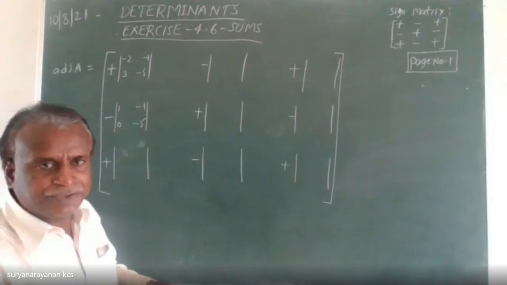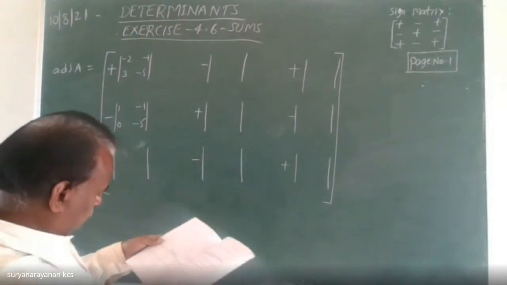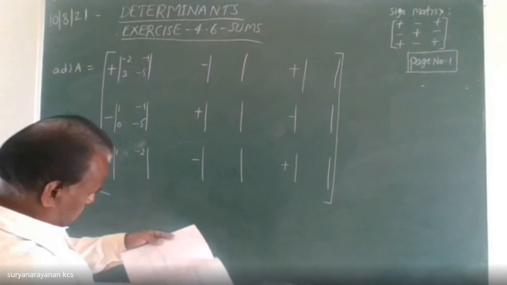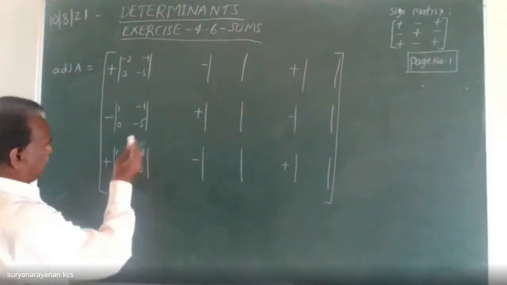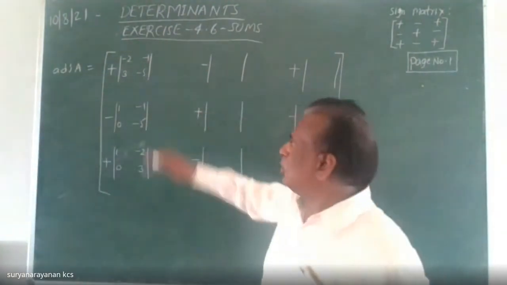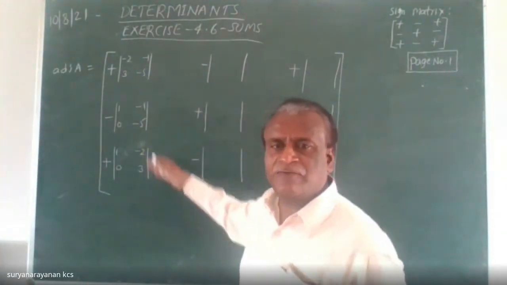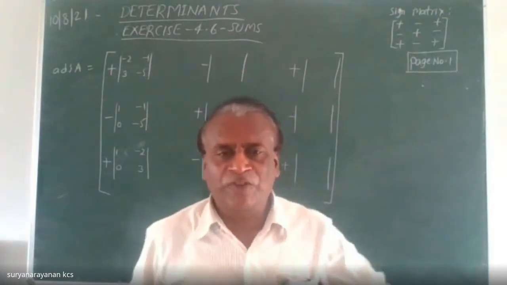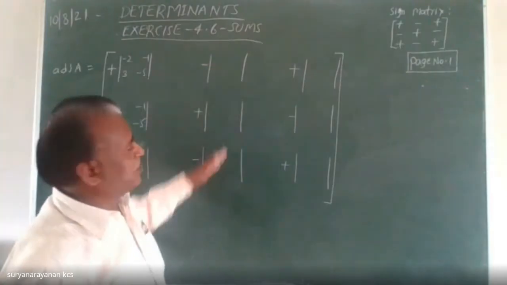Tell me the third element. It's 1, -2, 0, 3. Yes, very good. These are the cofactors of the first row elements, but we wrote them as the first column. Do you remember these steps or did you forget? Yes, sir.